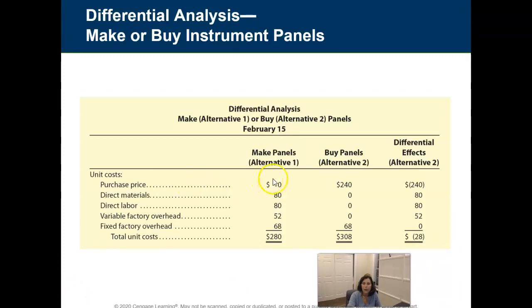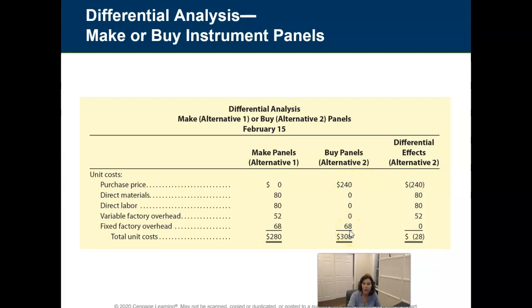So here's our 3-column decision-making format. Making the panels, alternative 1, is going to cost us $280. And note that we've allocated $68 in fixed costs, which we're going to allocate to the panels regardless of whether we make them or buy them, versus the purchase price of buying the panels for $240.